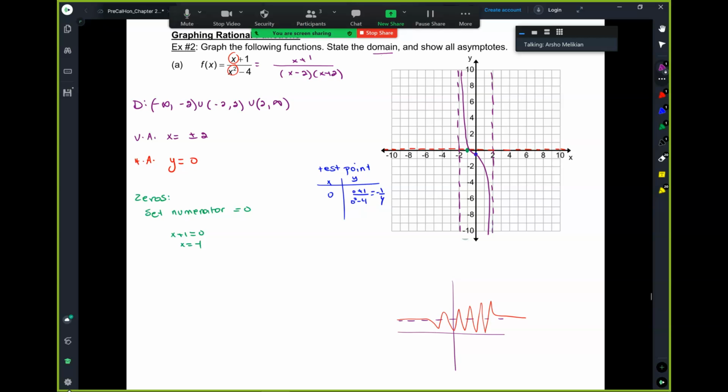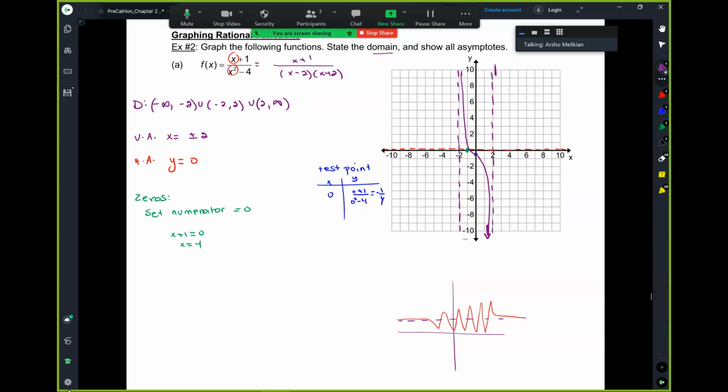Now, here we go. Remember in those old video games when a character went off the screen on one side, it would re-enter from the other side? That's what happens with asymptotes. If the graph goes off the screen on the bottom to the left of the vertical asymptote, it re-enters on the top to the right of the asymptote. Goes off the screen on the bottom, re-enters on top.